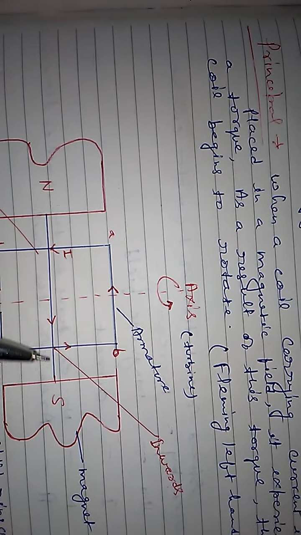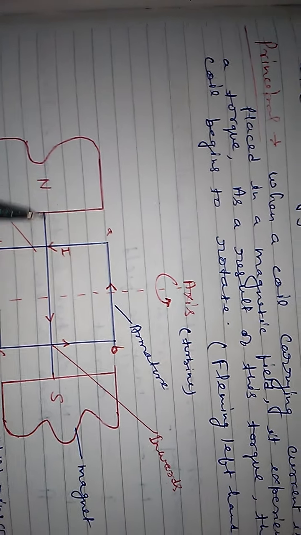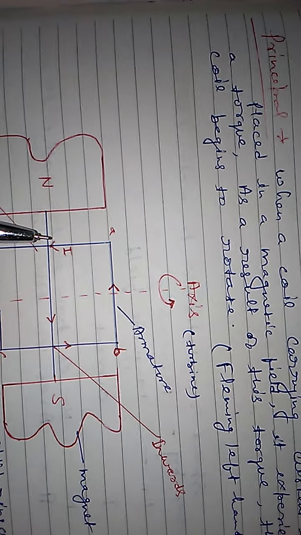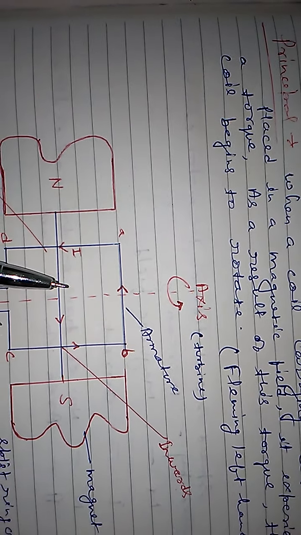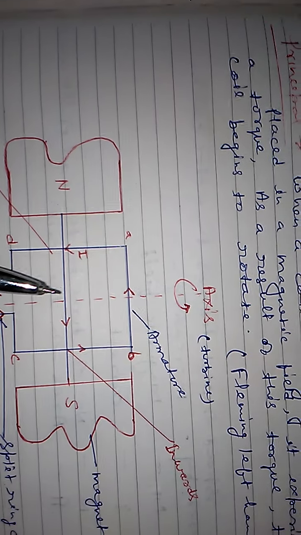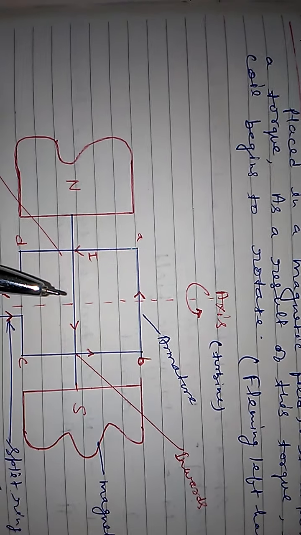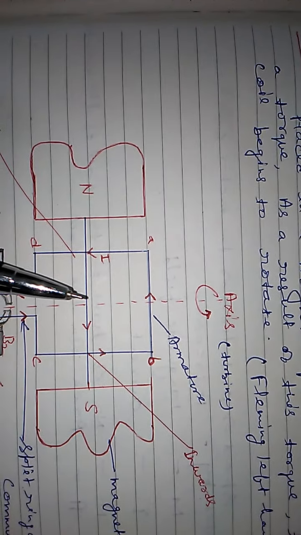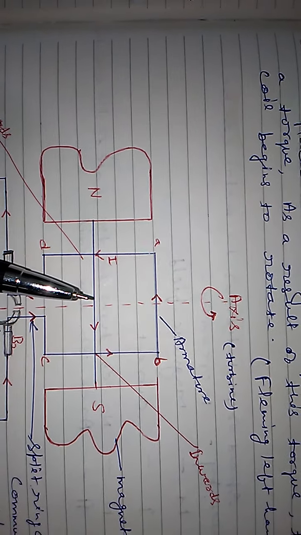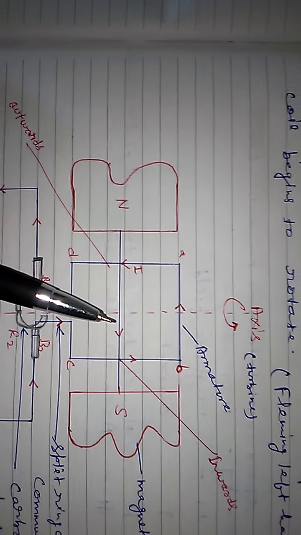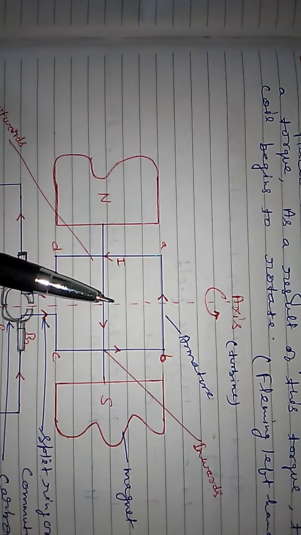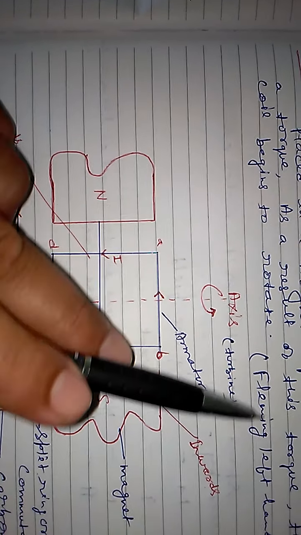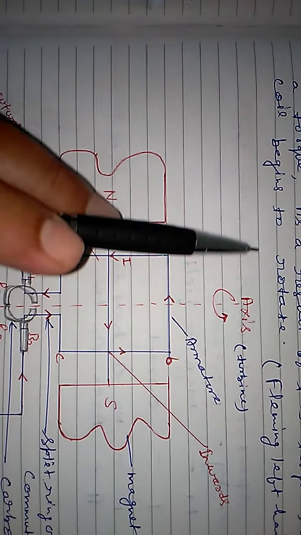Then what happens, two magnets are here, so there is a magnetic field around it. So this coil experiences a torque, and torque means deflection, means it experiences both force and deflection.